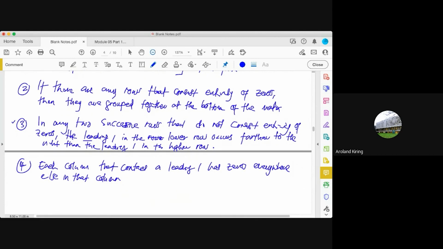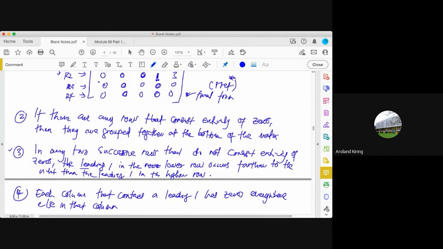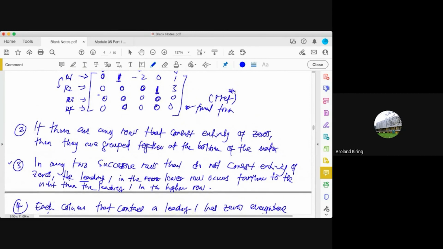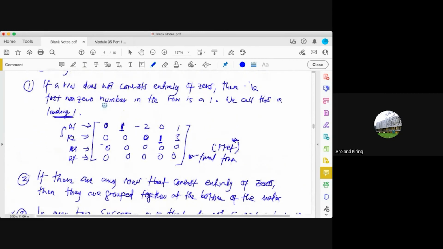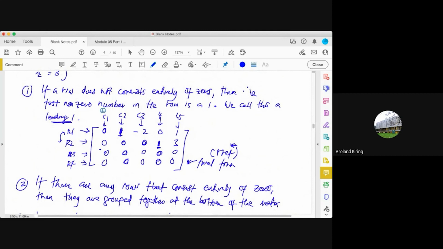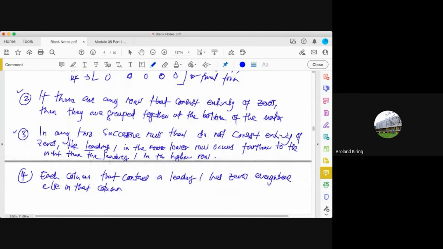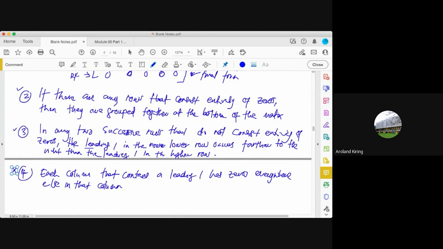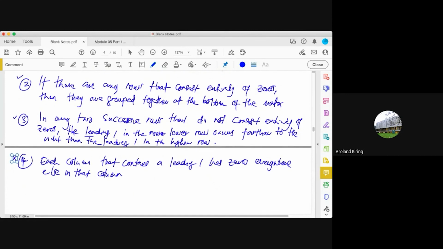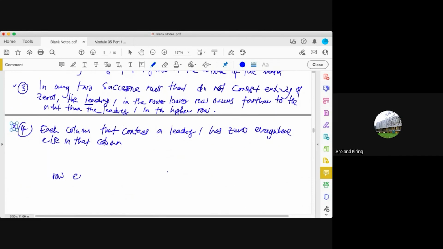But okay, there's another one. Let's say you only achieve the first property, the second property, and the third property. It doesn't achieve the fourth one. Okay, you can still claim that you have achieved a final form, but that form is called row echelon form.